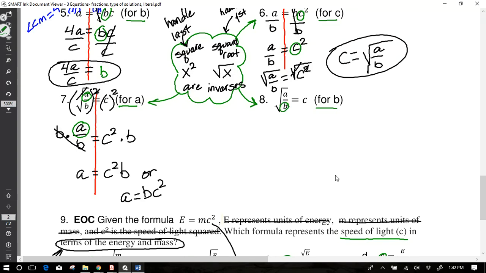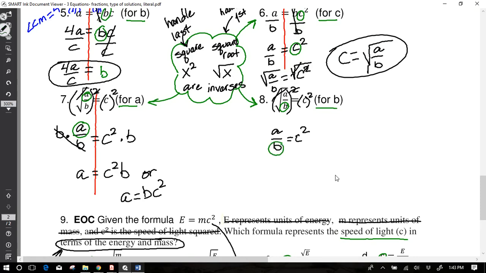So I'm going to circle the b this time. My first step will be the same. Square both sides. Okay, square root's gone and the square is gone. So I just have a over b equals c squared.